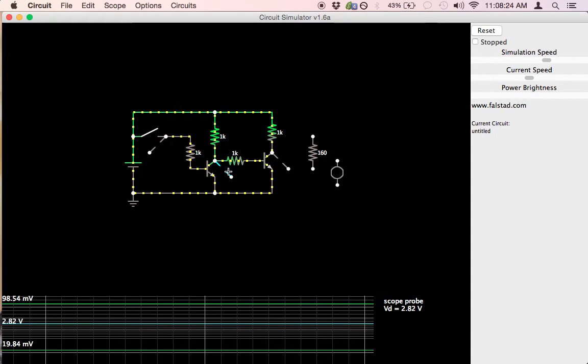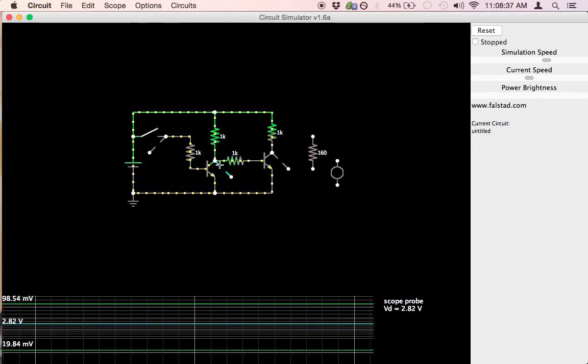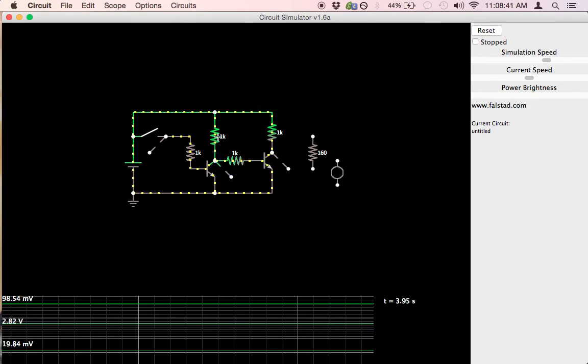Well, it's not important if you don't need to use the signal in the middle of the circuit. If we're not going to use a scope probe or connect anything else here, this circuit is perfectly adequate and very reasonable. But why is the voltage only 2.8 volts here? It's because these two resistors are essentially connected in series.